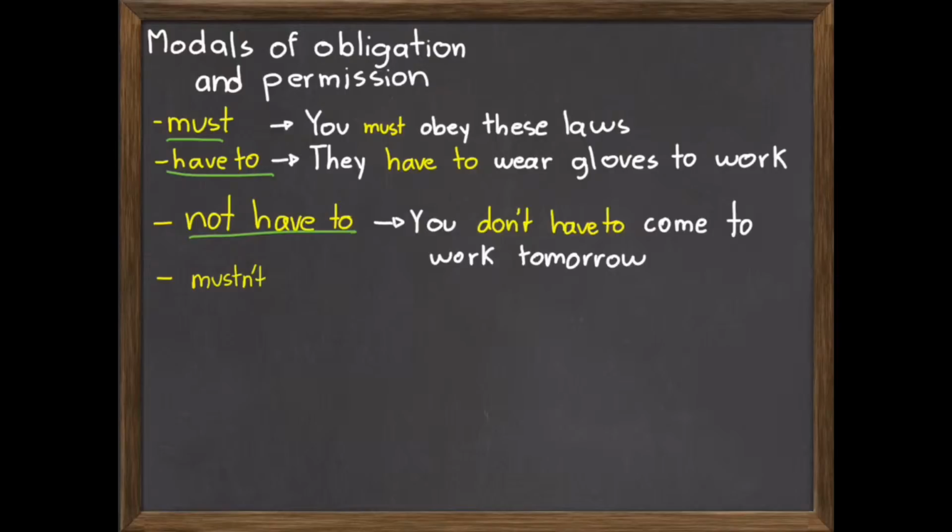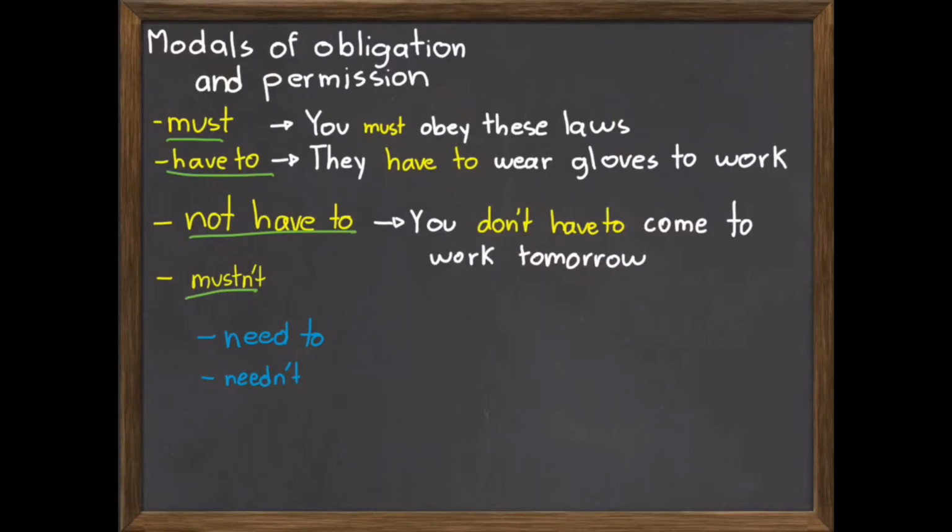But not have to, here we're lowering the strength of these obligations, meaning that it's not necessary to do something. But in the case of mustn't, the negative form of must is a prohibition. You cannot do something.